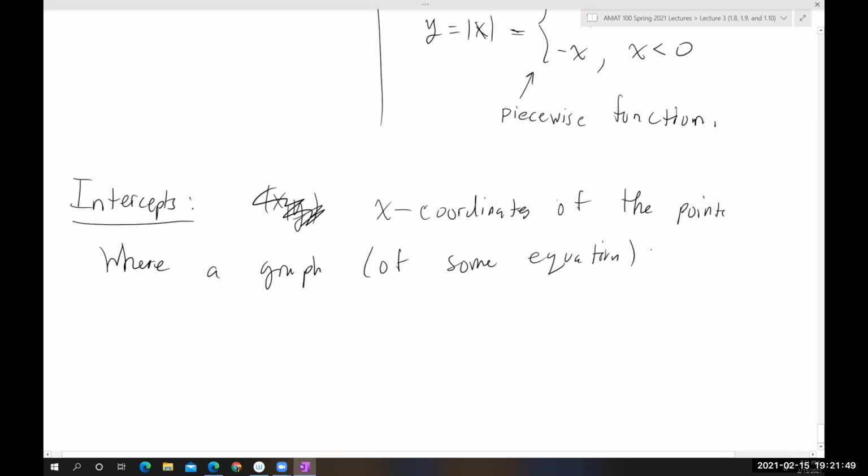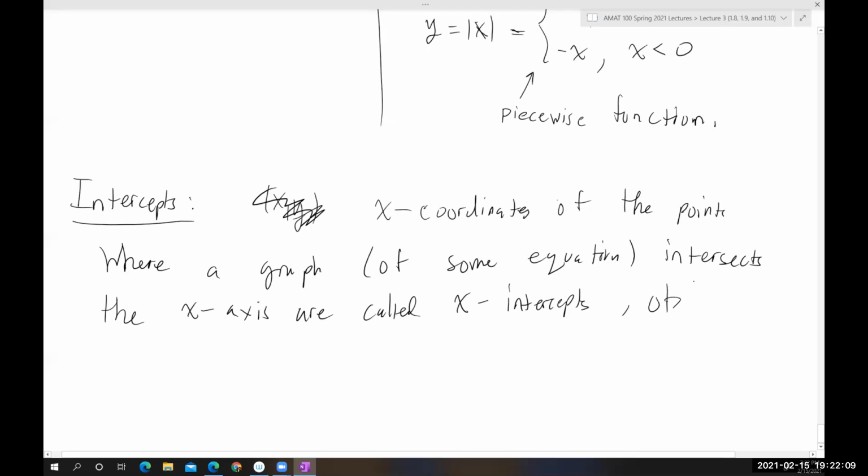So the x coordinate of the points where a graph intersects the x-axis are called x-intercepts. And you obtain them by setting y equal to 0 in the equation and then solving for x.